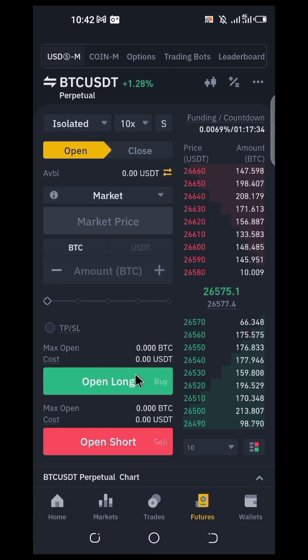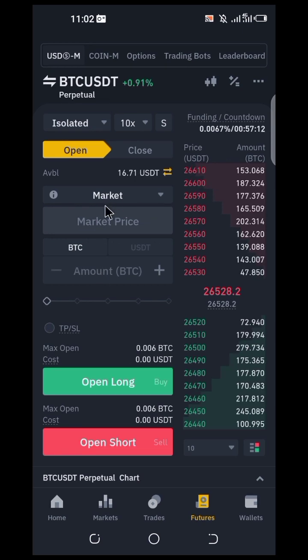So if I'm going to open long, the moment I select everything and click on open long, I am automatically using the current price. I am buying with the current price, and if I am selling, I am selling with the current price of BTC in the market. The next thing you need to know when using the market order is that you don't have to enter a price, because it is going to use the current price in the market.